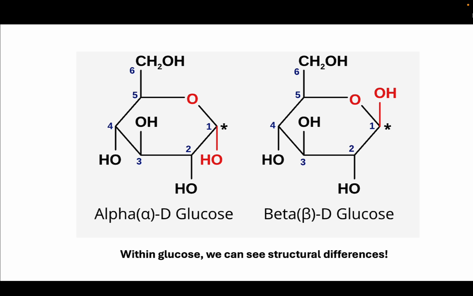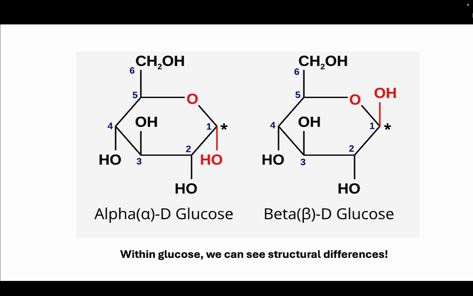And note that here are two different molecules of glucose, right? First, we have alpha glucose, and second, we have beta glucose. And how do these differ? Well, we have everything in the same position, except when we look at alpha glucose, this OH on the starred carbon, which is the important and active carbon for adding on another monomer unit, is pointed down.